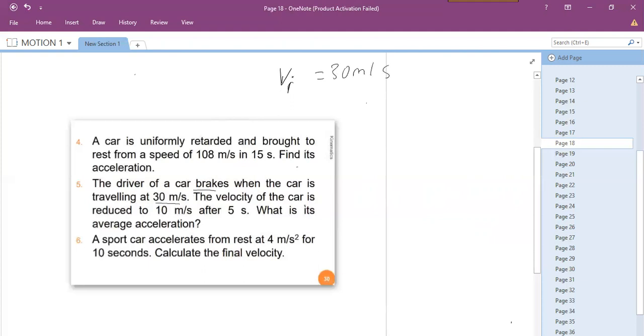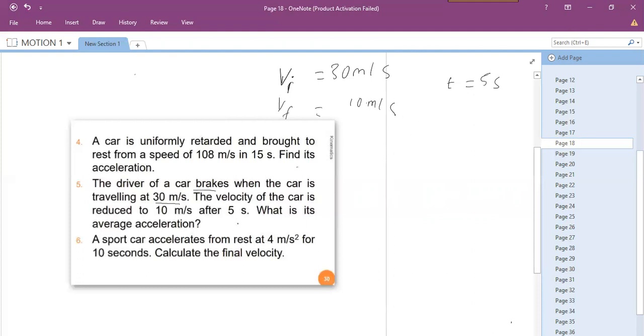The velocity of the car is reduced to 10 meters per second. So our final velocity is 10 meters per second at a time of 5 seconds. This one is a direct substitution question.